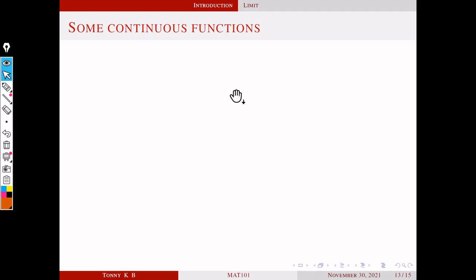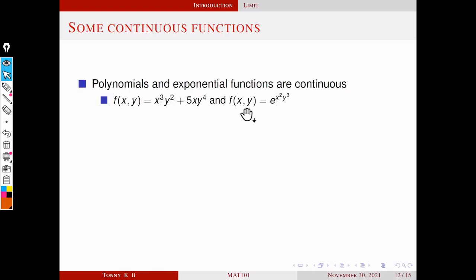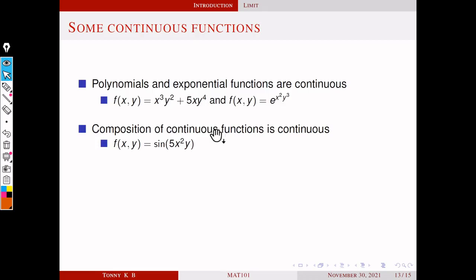Also, there are some standard results for continuous functions, similar to one variable functions. Polynomial expressions and exponential functions in 2 or 3 variables are all continuous. For example, this is a polynomial expression in 2 variables, and this is an exponential function in 2 variables. All are continuous, as in one variable functions. Next, a composition of continuous functions is again continuous.